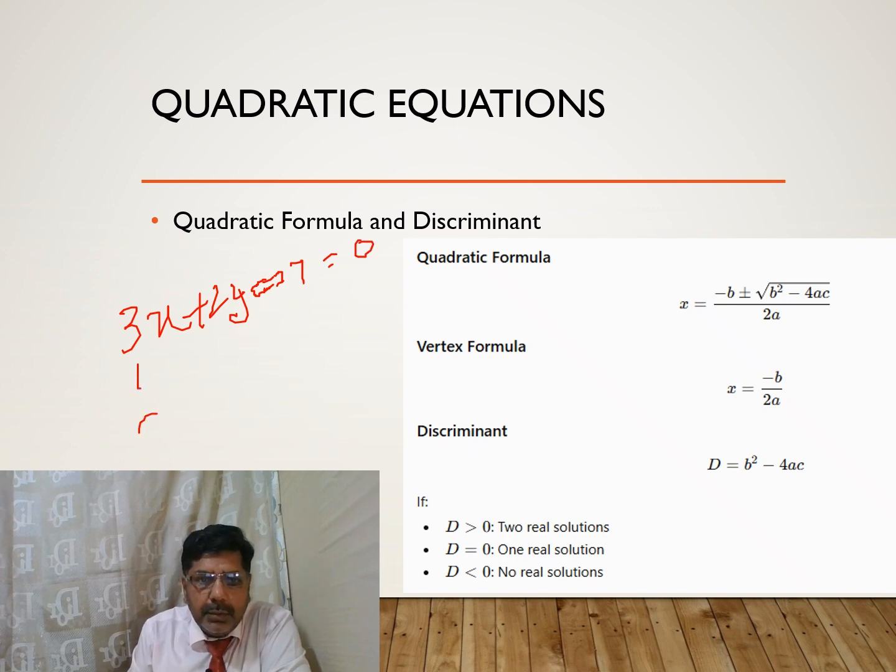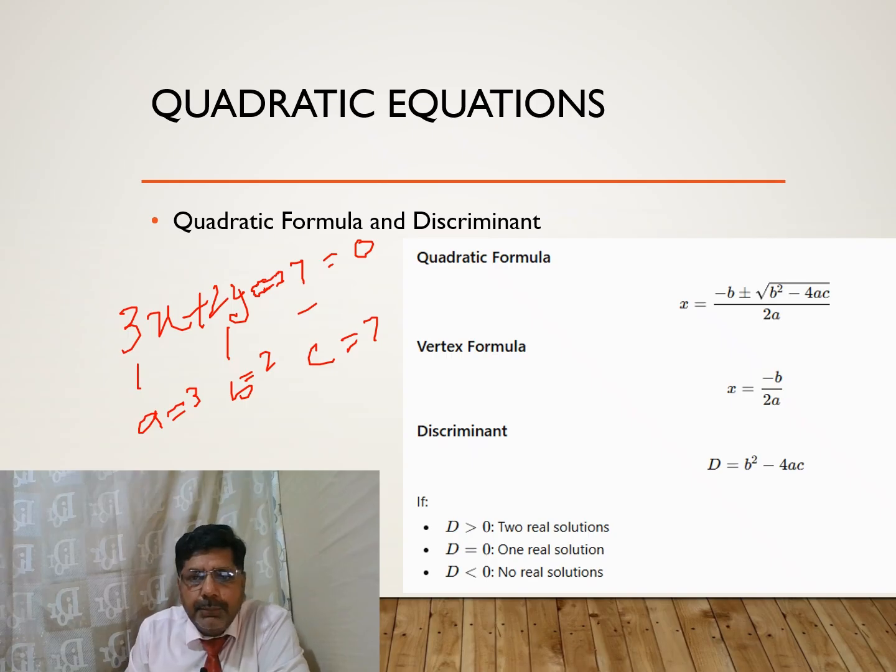Now this number will be equal to A, this number will be B, and this number will be C. So C is equal to minus 7, B is equal to 2, and A is equal to 3. So we can apply this in the formula: x equals minus B plus or minus the square root of B squared minus 4AC, over 2A. So now we can find the value of x if we place these values.